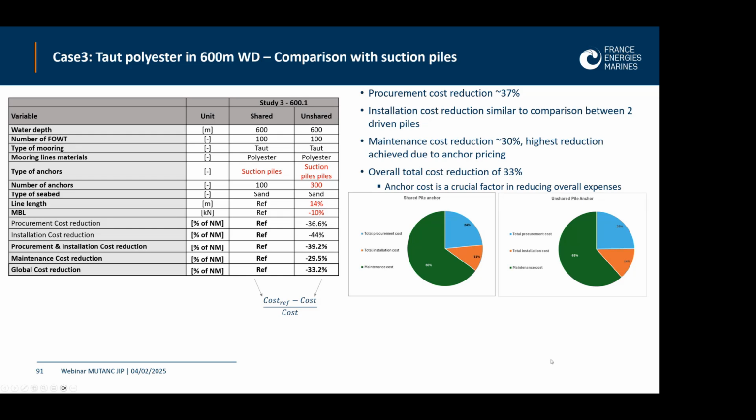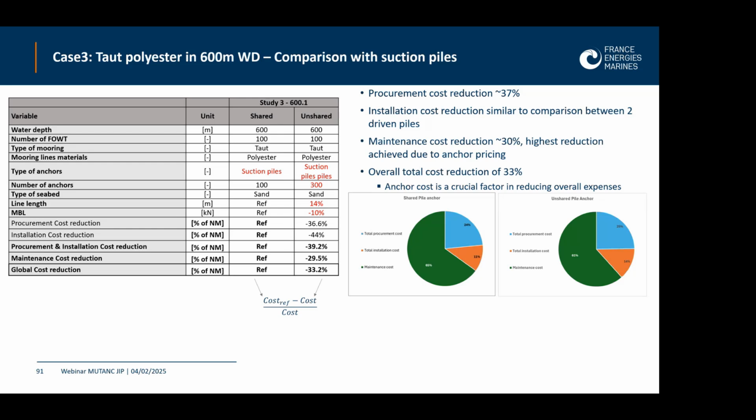The installation cost reduction is similar to the comparison between two driven piles, so there is no variation. And the maintenance cost reduction is 30% due to the anchor pricing that has an impact on the maintenance cost. The overall total cost reduction is 33%.